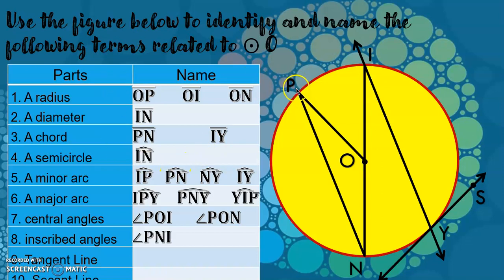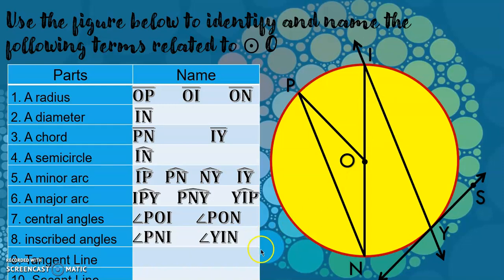So this is the angle formed by these chords PN and NI. So the angle is angle PNI. Another we have YIN. So these two are examples of inscribed angles.